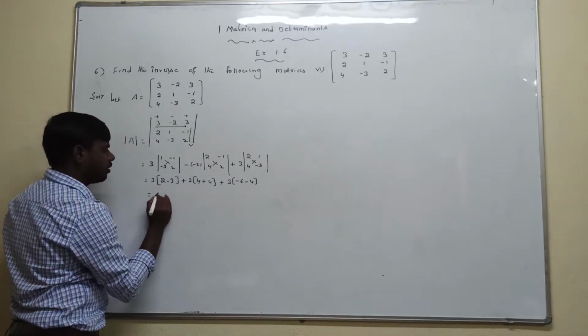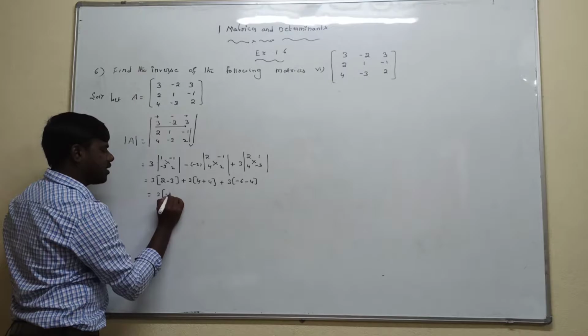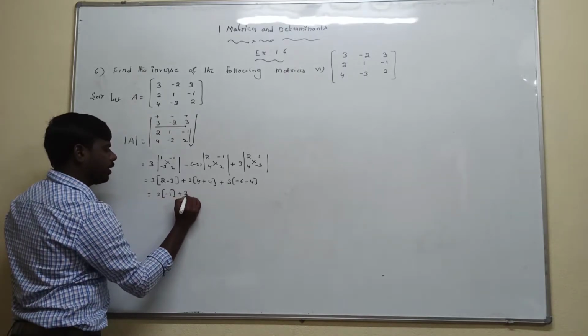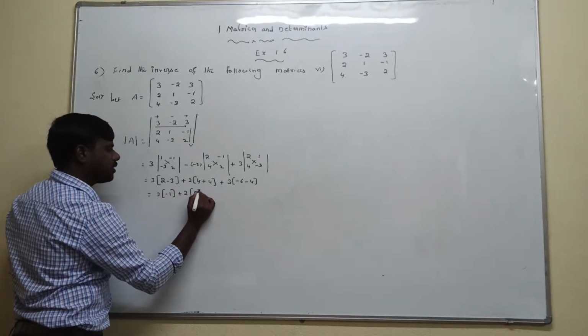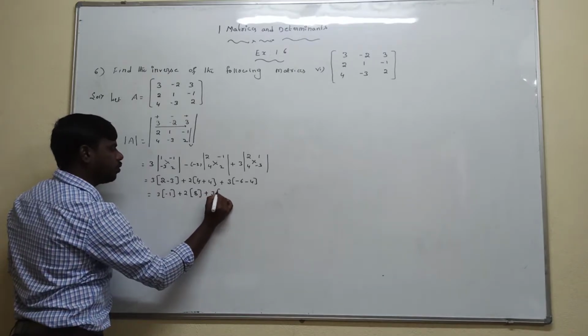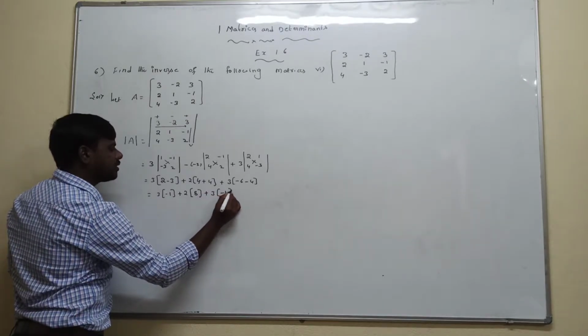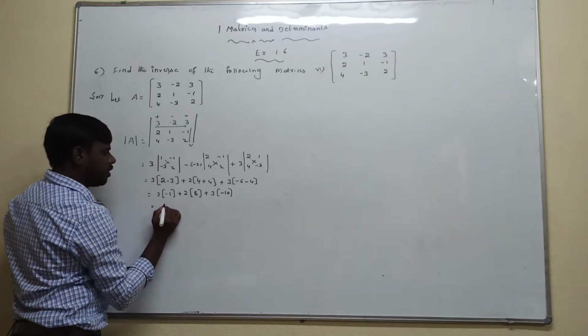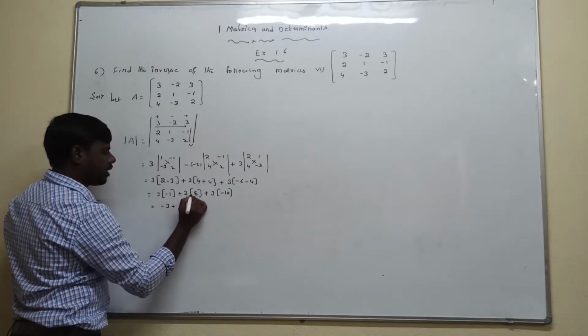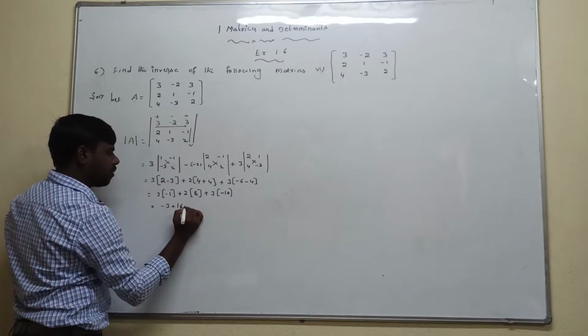Now simplify this. 3 into 2 minus 6, that value is minus 1, plus 2 into 4 plus 4, that value is 8, plus 3 into minus 6 minus 4, that value is minus 10. Now 3 into minus 1 is minus 3, plus 2 into 8 is 16, plus 3 into minus 10 is minus 30.